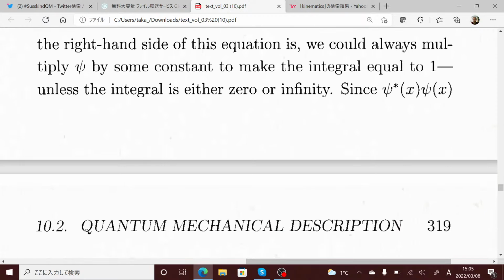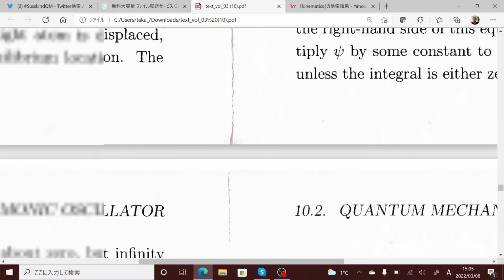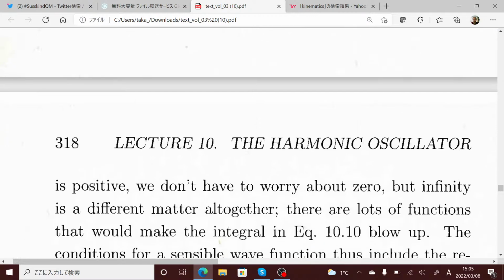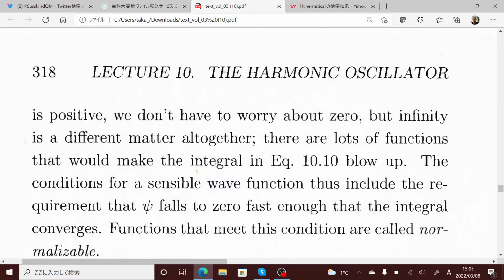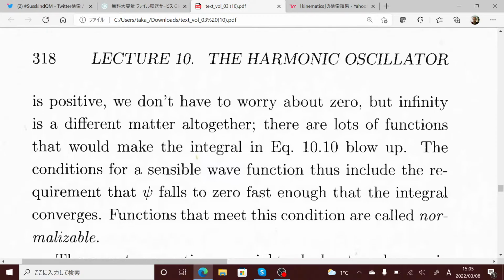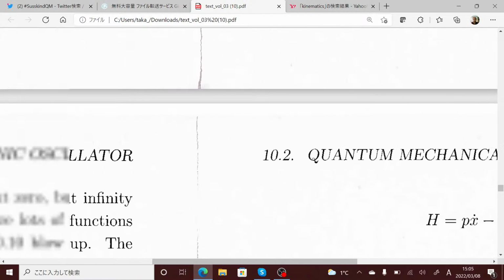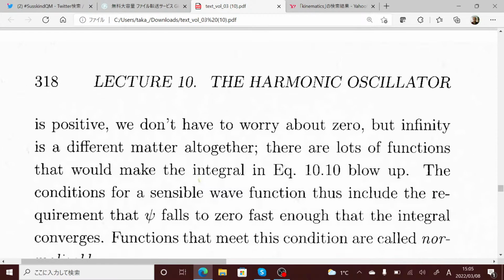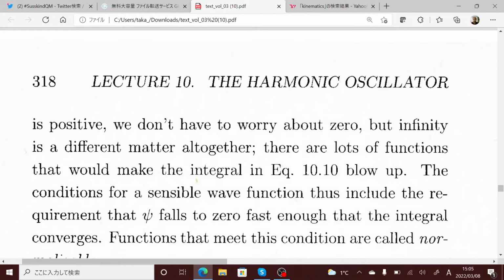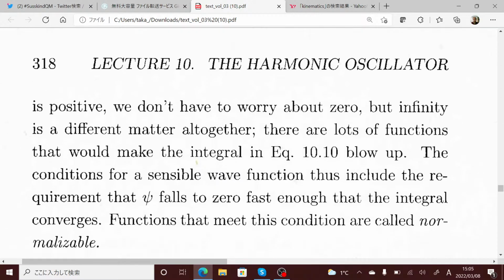Since psi star psi is positive, we don't have to worry about 0, but infinity is a different matter altogether.